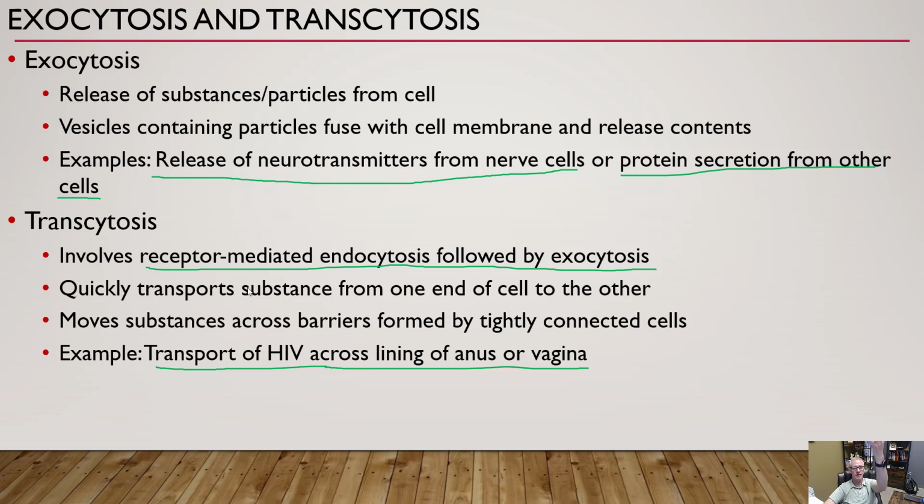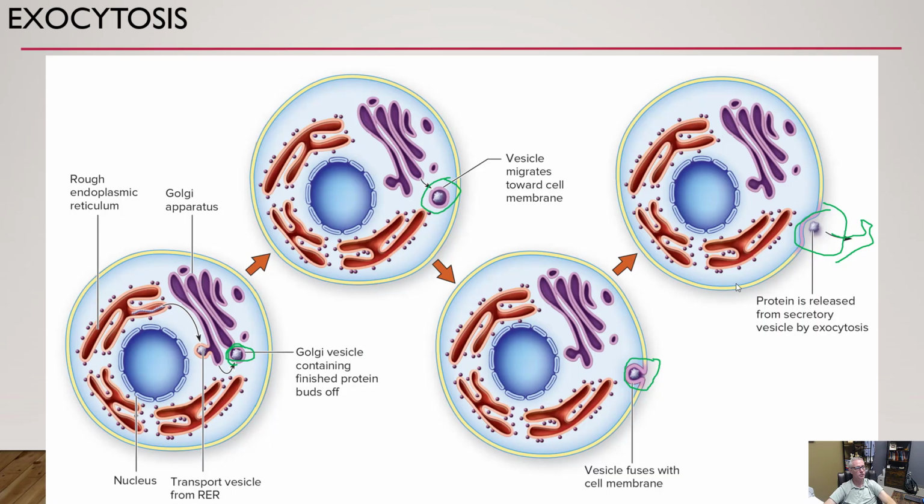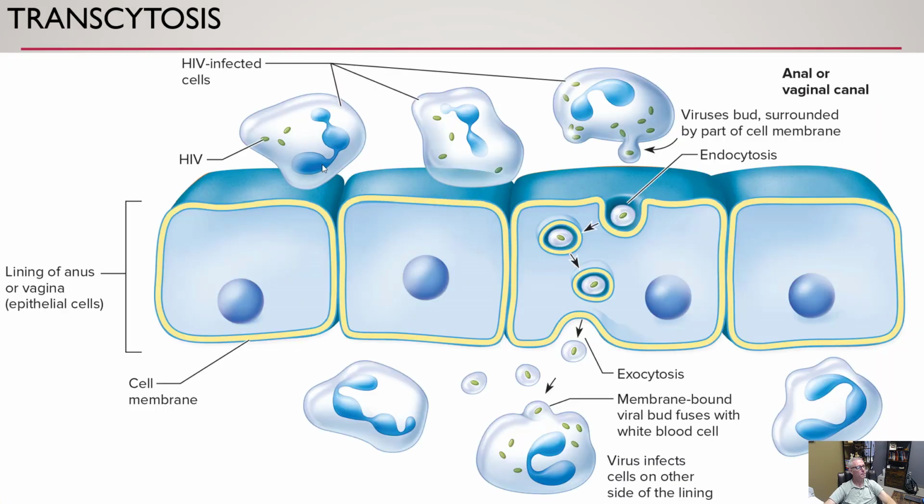So the HIV will have receptor-mediated endocytosis, typically in the lining of the anus or the vagina, and then it will cross through that cell, followed by exocytosis. So it goes from one end of the cell to the other end of the cell into the person's bloodstream.